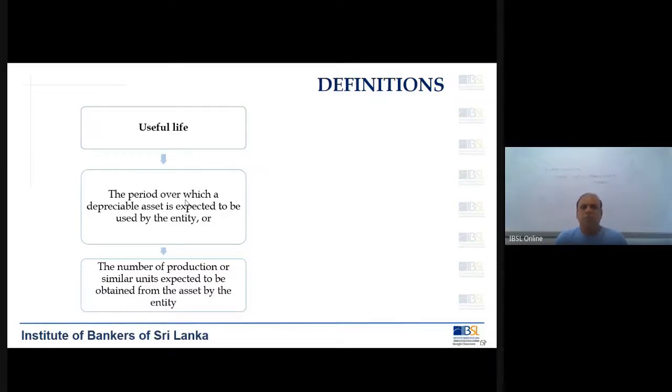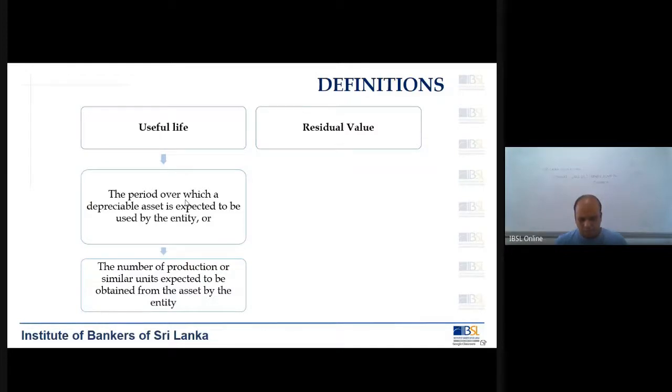So useful life can be defined in two ways. One is the period over which an asset is expected to be used, or the number of production or similar units that are expected to be produced from it. Then we come to something called residual value.